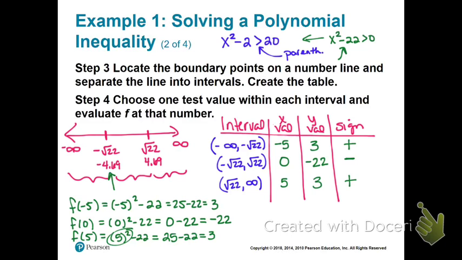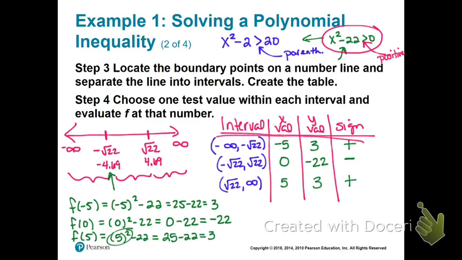All right, guys. So step 5 says, what does it say? Write the solutions. We're going to write our solution set. So let's go back to the equation I wrote in green at the top. It says x squared minus 22 has to be greater than 0. What kind of numbers are greater than 0? Positive. So our solutions are where our signs are positive.